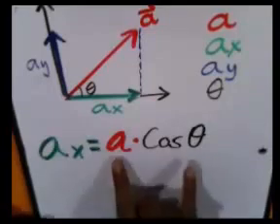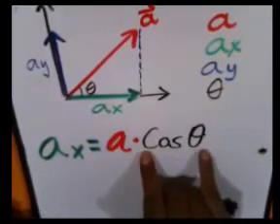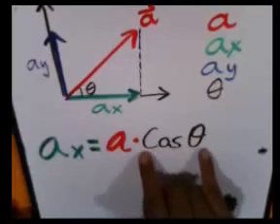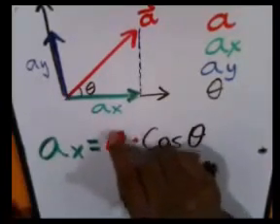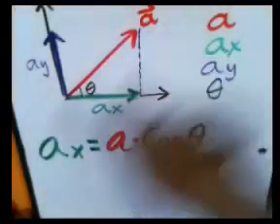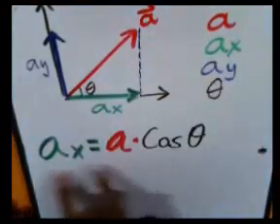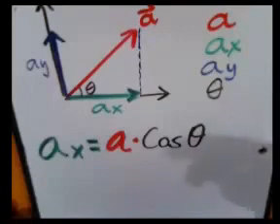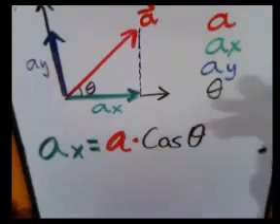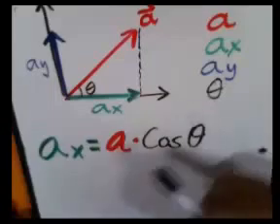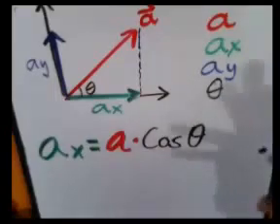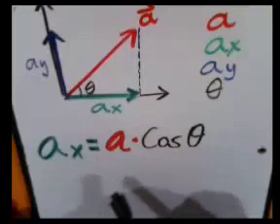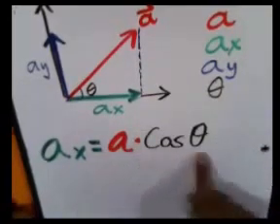Okay? When I multiply these two things, you already know how to find the cosine of an angle. So if you find the cosine of an angle, and then you multiply that times the length of the vector itself, the whole thing, the red arrow here, that will give you the size of this green component. The reason for that, again, comes from mathematics, and it's not something that we're going to learn here. We're just learning how the cosine can be used to do something that we need in physics, okay? Because we need to find the x component or the adjacent component, then we use the cosine.